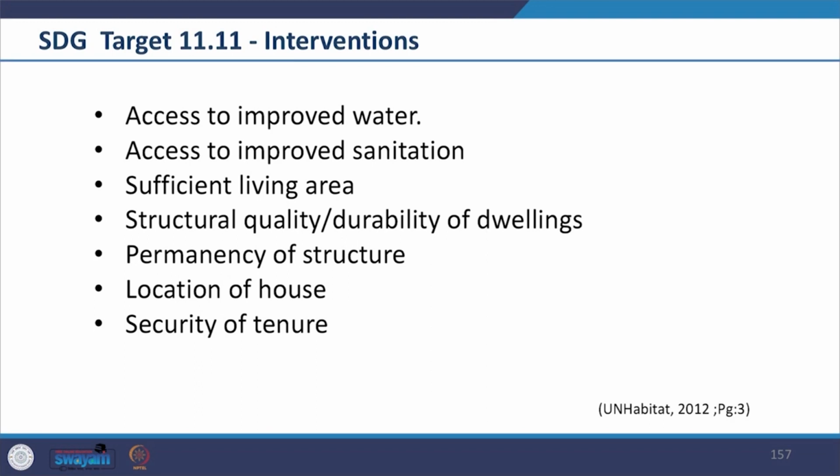So we also evaluate the location of the house. Houses in slums are mostly made of transitory corrugated iron sheets, shacks, wood, and are located on or near toxic waste, steep slopes, or dangerously in the way of transport lines. Next, we evaluate the security of tenure.